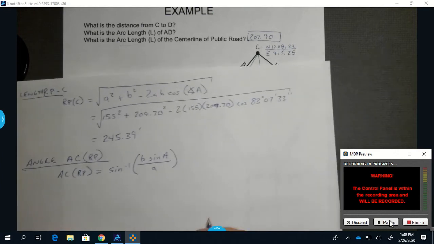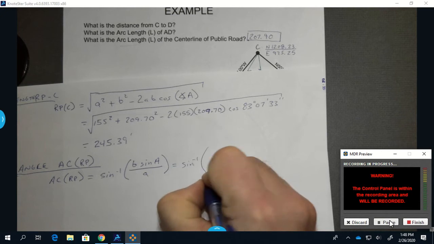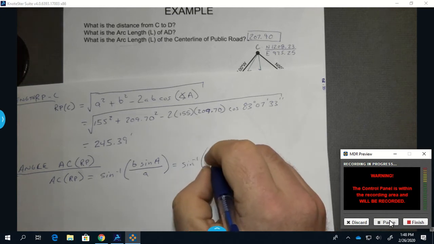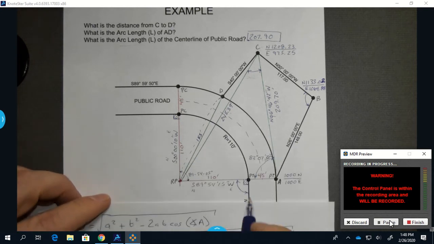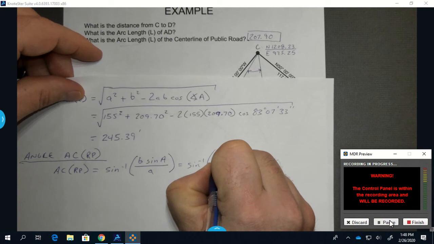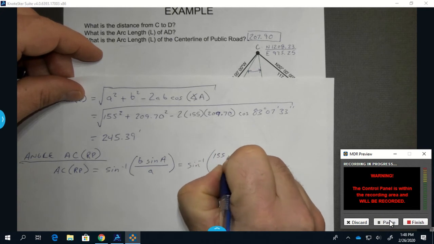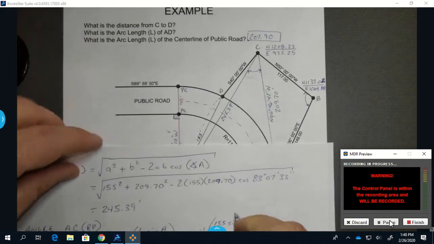All right, so let's plug and play that. So sine inverse of B. What is B here? Let's say that B is this side, 155. 155 times the sine of A. What's A?